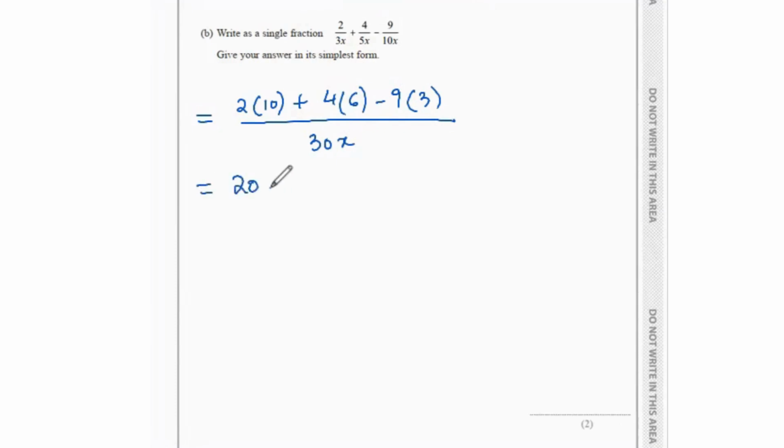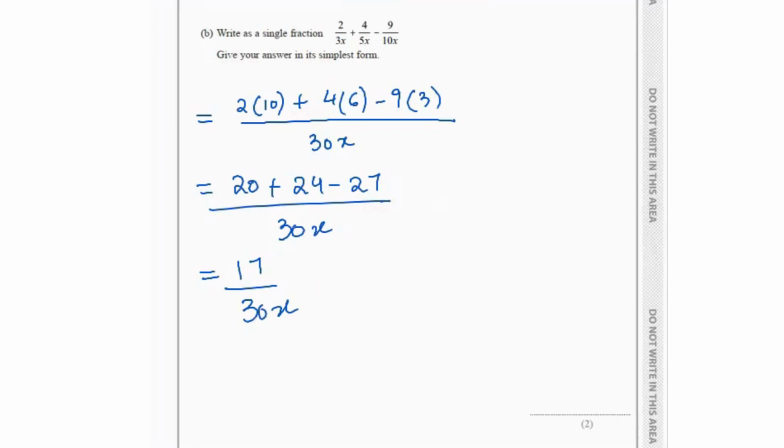So that's 20 plus 24 minus 27 over 30x. So 20 plus 24, 44, 44 minus 27. That's going to give us 17 over 30x. That is your fraction in simplest form.